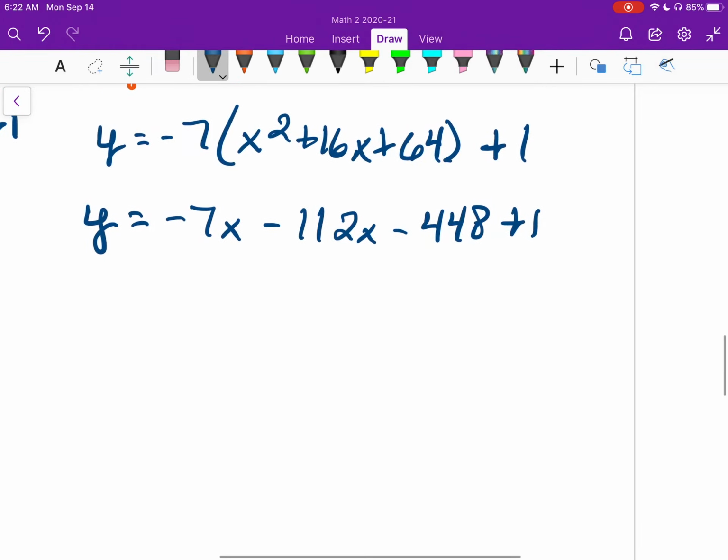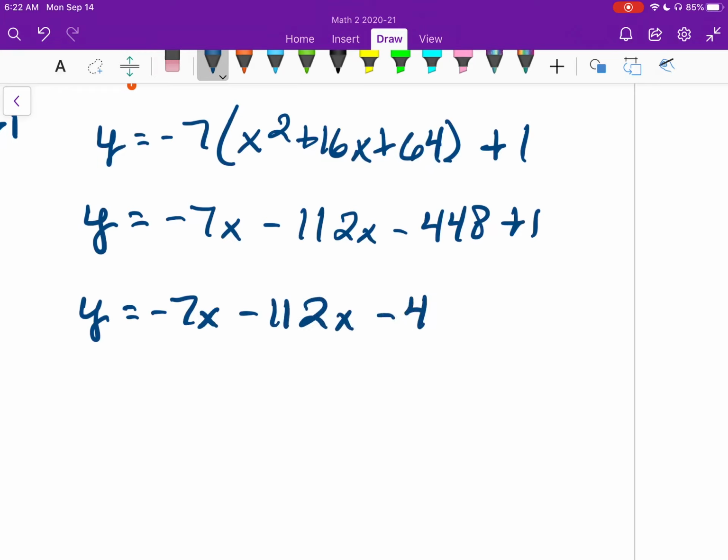So last up, just combining that 448 and that 1, we get y equals negative 7x squared minus 112x minus 447.